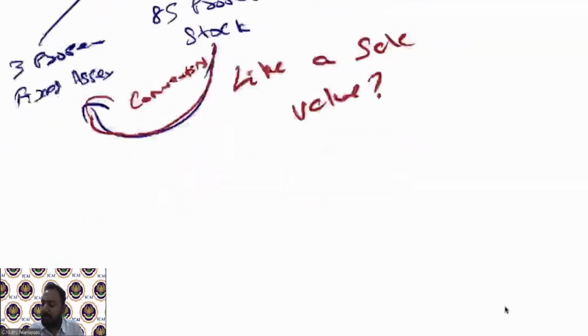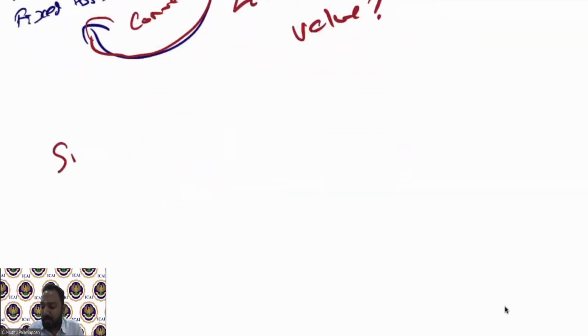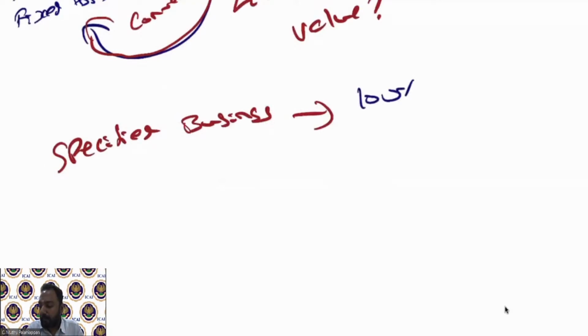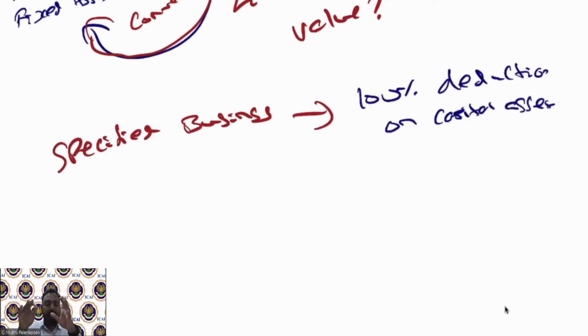In that specified business, you get a 100% deduction on capital assets. So when you invest in an asset, you get 100% exemption.